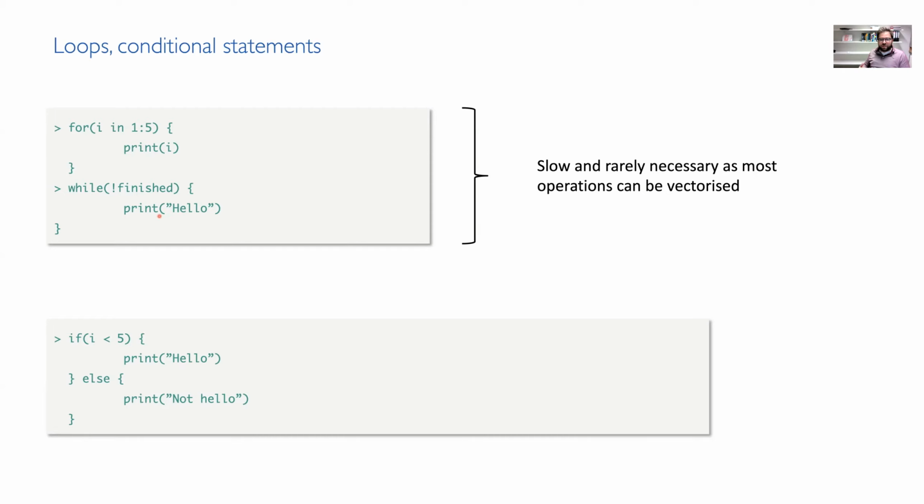These loops are slow because R is slow. If you have such a loop, then it means that you didn't vectorize your operation, that you're doing something bit by bit that you could also do in one step. Typically, if you have a loop, then there's something wrong with your code. You're being extremely inefficient.